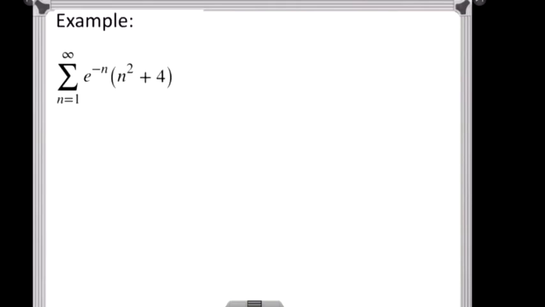But we can do this guy. So let's go ahead and rewrite him first by moving the e to the n to the denominator. So again, why are we using the ratio test here? Because I just see a mixture. I see an exponential expression in the denominator, and I see a polynomial expression in the numerator.